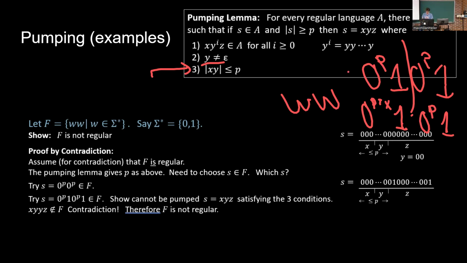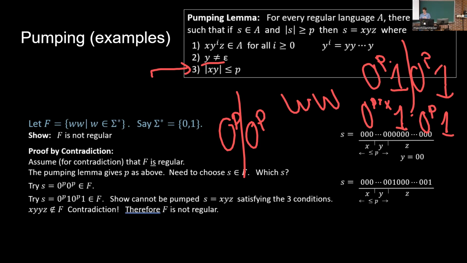So this one's saying you can't choose all zeros. That's exactly what this is saying. Because if you had 0 to the p, 0 to the p, these are our w's. And then obviously y has to be zeros because it's in the first p elements, which are all zeros. If you pump it, it's still all zeros, so you can still split it down the middle. It's 2 of the same thing.